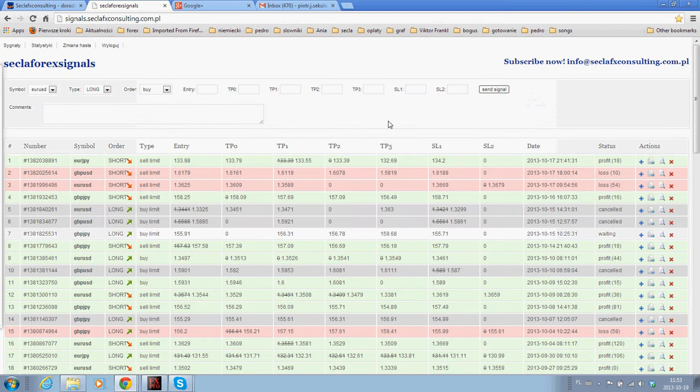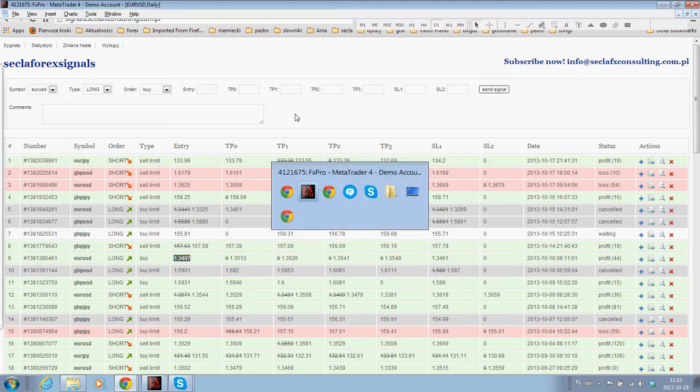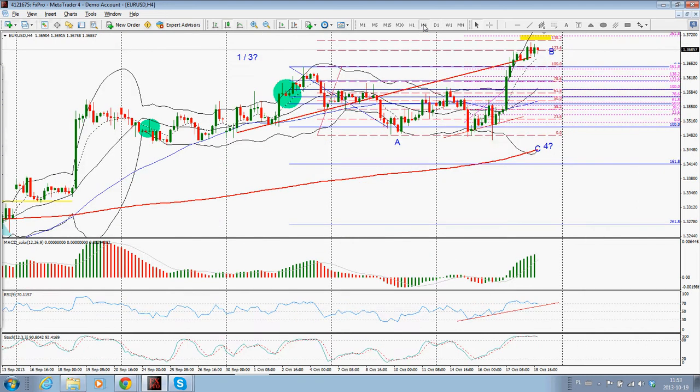Just consider one of my signals. There was a signal, this one, that was sent on the 10th of October. Yeah, so at the beginning of this month. I made only 44 pips on that trade, but that trade was one of those entries.